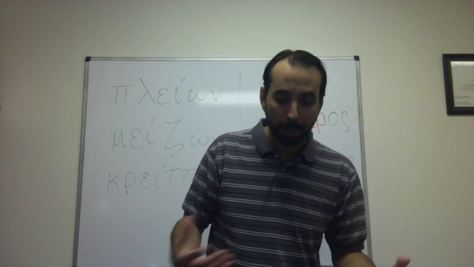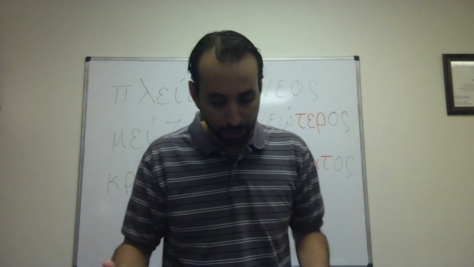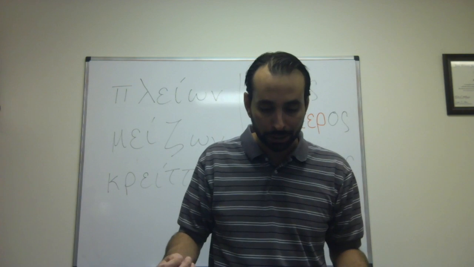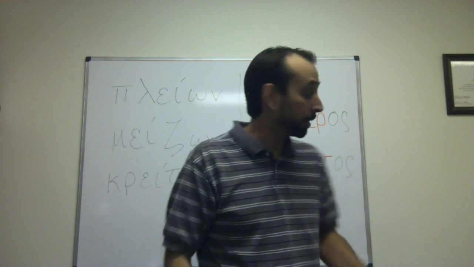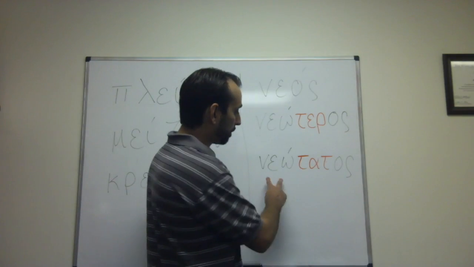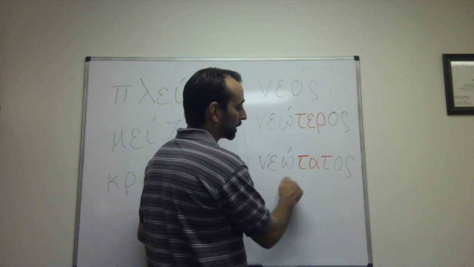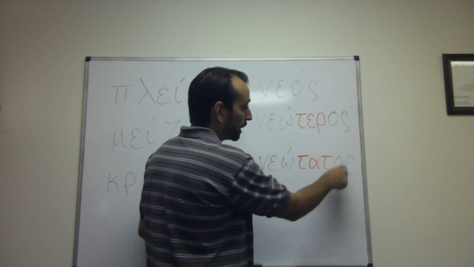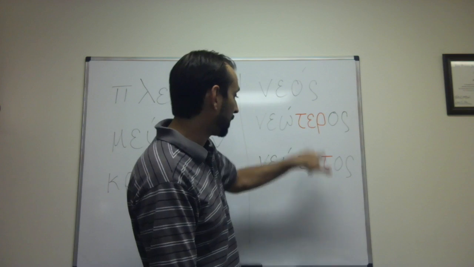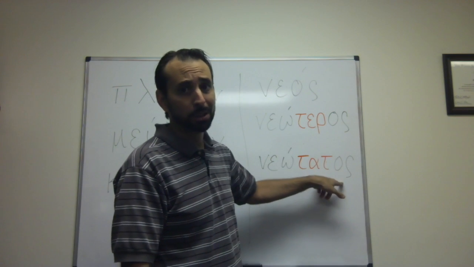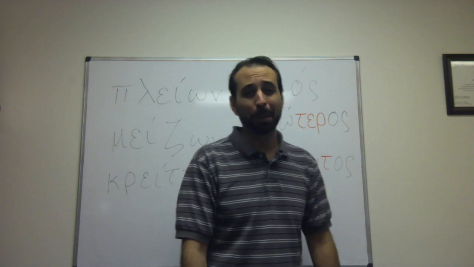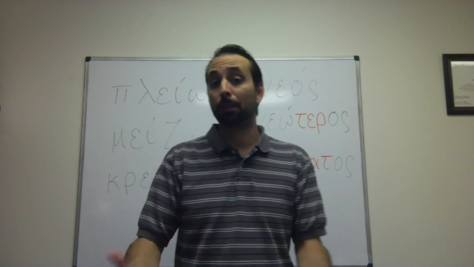So you can do comparison ideas with adverbs, but it's mostly driven, again, by vocabulary. Depending on what this is doing in the sentence, because this is an adjective comparative, you could get ending changes. You're still going to have the tear and the tot in these regular forms, but you could get ending changes. Adverb comparisons don't work that way because adverbs aren't inflected.